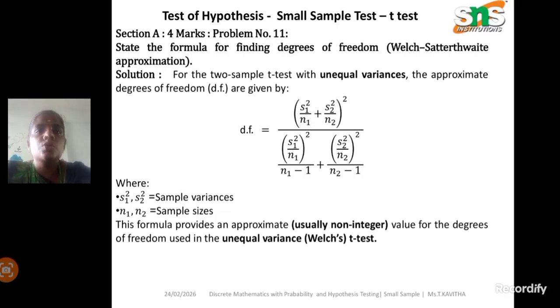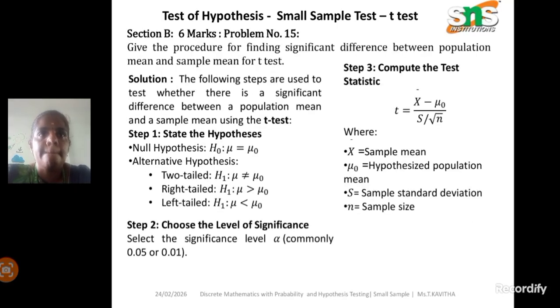Here s1 square and s2 square are the sample variances, and n1 and n2 are the sample sizes. This formula usually provides a non-integer value for the degrees of freedom in the unequal variance case.